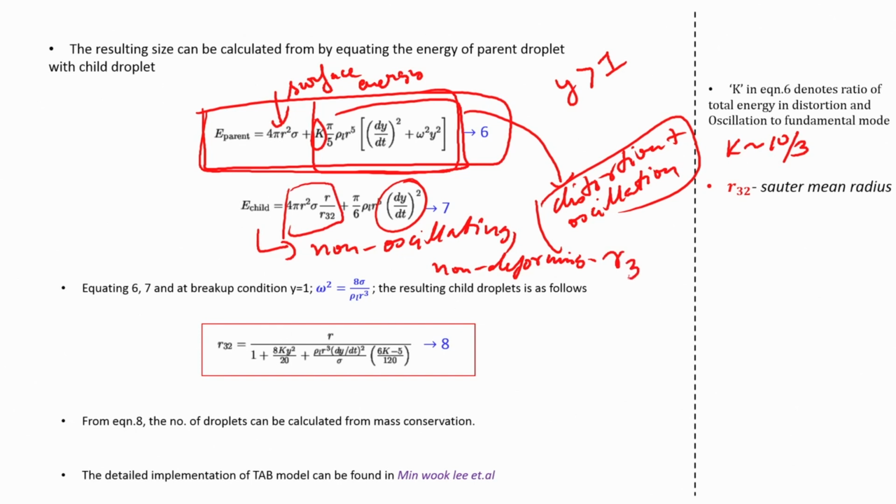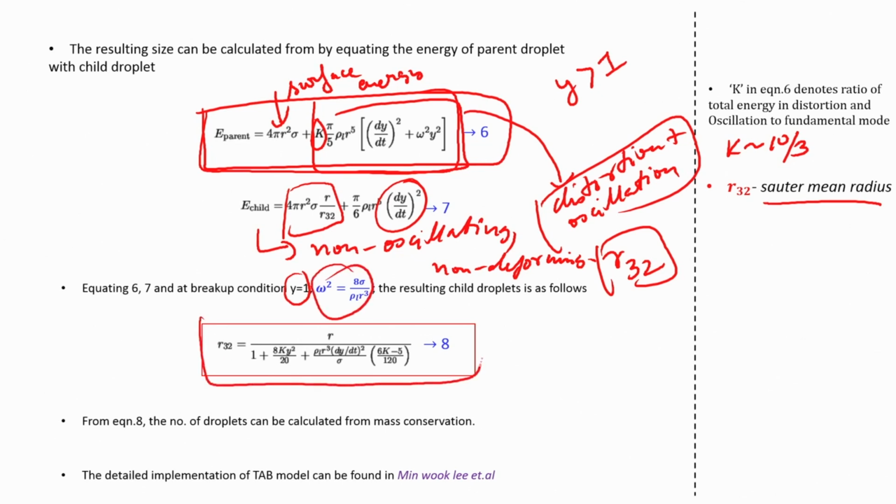R32 that you see over here is basically called the Sauter mean radius. Okay. There is a Sauter mean diameter, this is the Sauter mean radius, right. So, at the breakup condition, which is y equal to 1 and omega is equal to this, the resulting droplet size is given by this equation 8, where K is equal to 10 by 3 that we already mentioned. So, this is the R32.